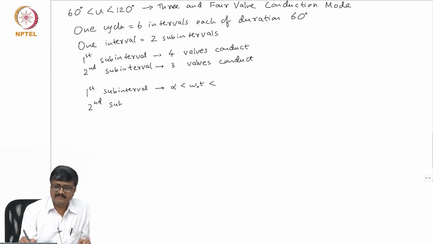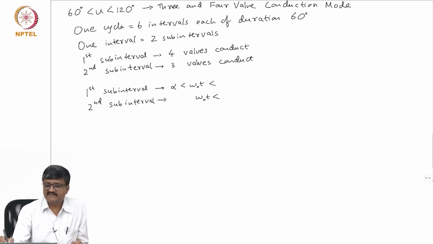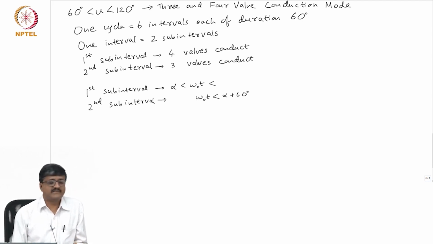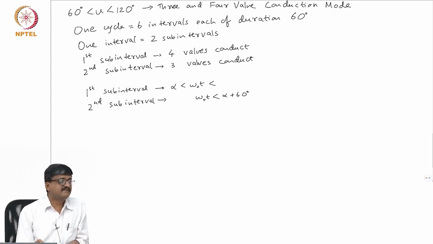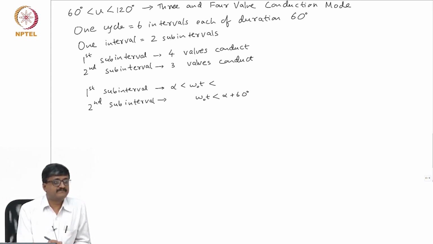So, if I take the second subinterval in the same first interval, here omega t is less than alpha plus 60. But at what instant does the first subinterval stop and the second start?